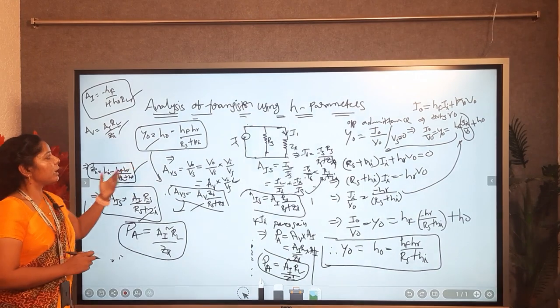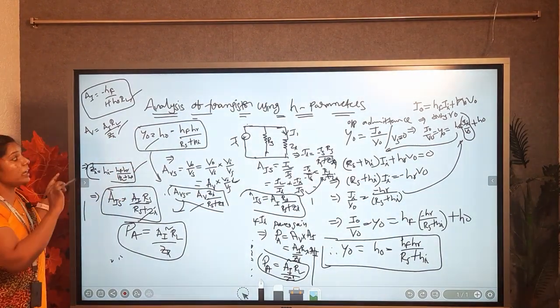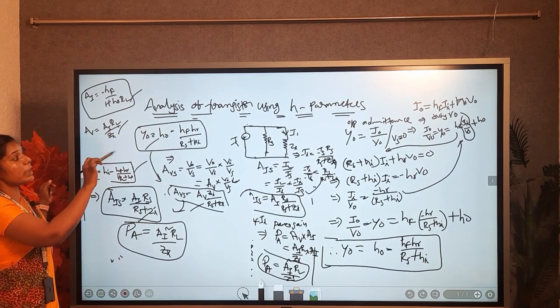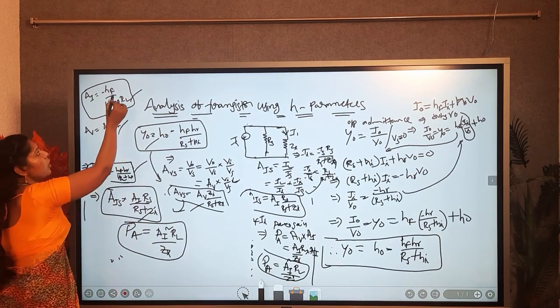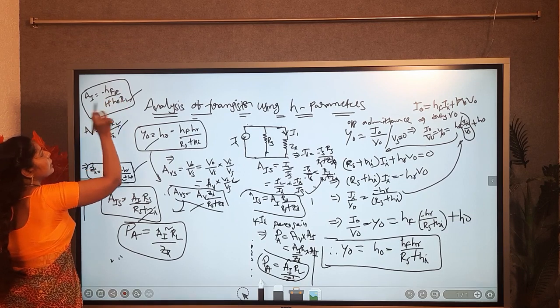It can be taken, for the common emitter, analyzing the CE by using the H parameter, with HIE, HFE, HOE.